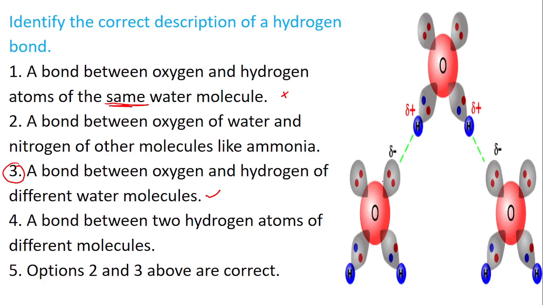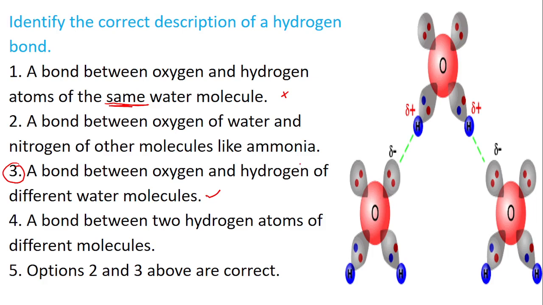Instead, it's between two different water molecules. And this hydrogen bond, like I have already stated, is a very strong bond. For example, a single water molecule is capable of making 4 hydrogen bonds with 4 different water molecules.